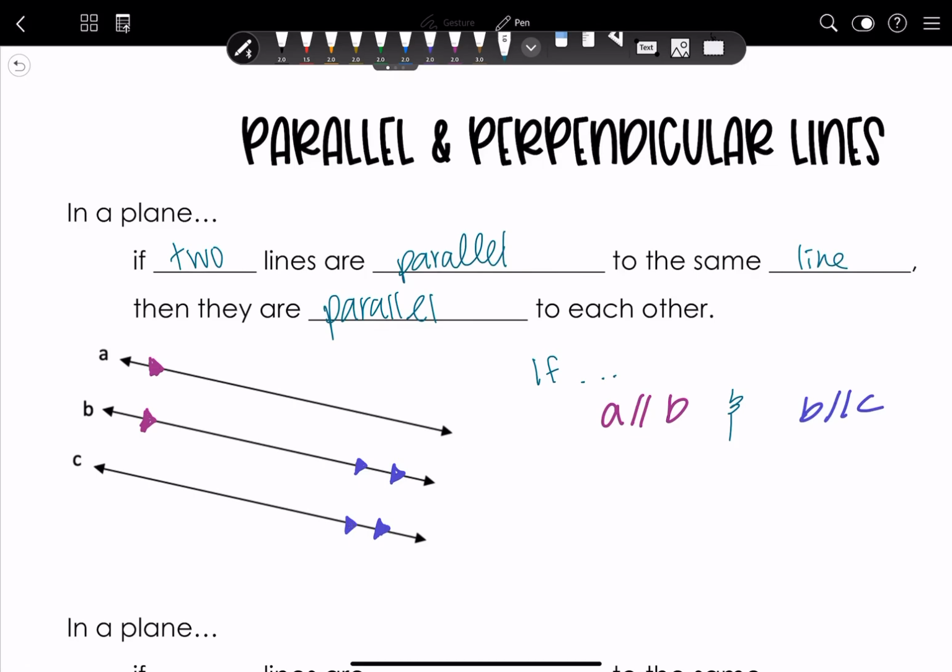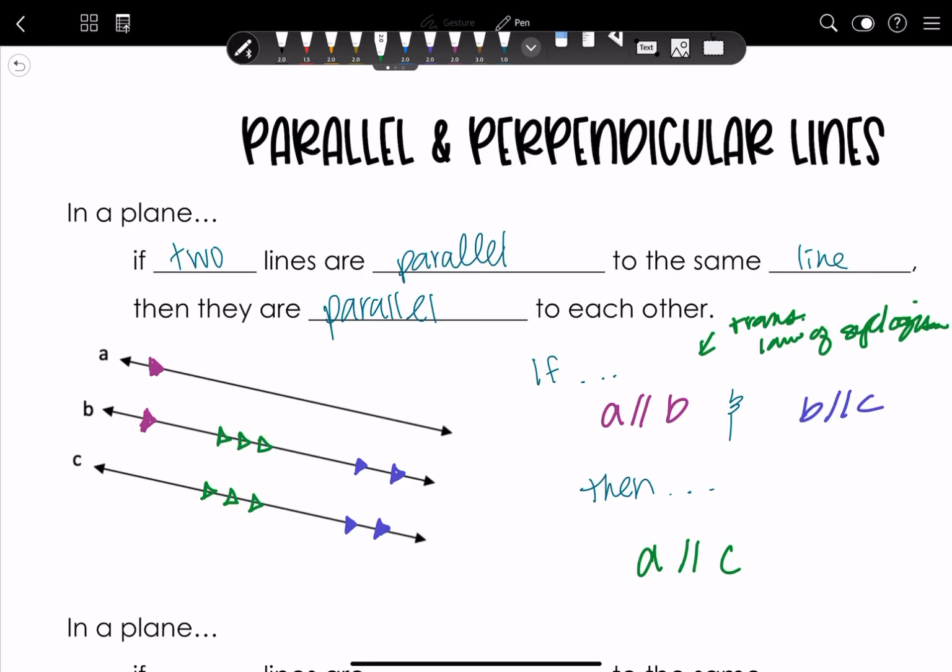Well, using this logic, then we can say A is parallel to C. And think back, this looks like the transitive property, but also like the law of syllogism. And for this last set, we're going to draw 3 arrows or 3 triangles on here because this is our third set of parallel lines.